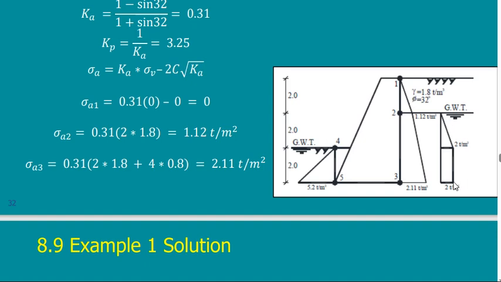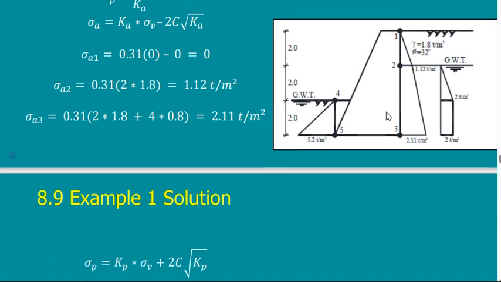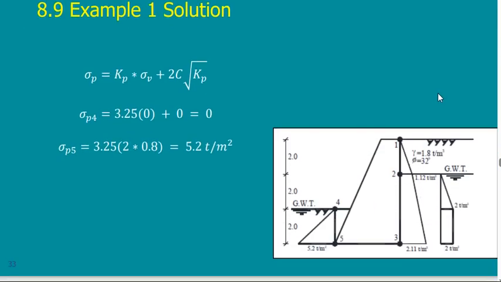But what happened is that I removed a triangle from here because this triangle was cancelled by the other triangle that is in the opposite direction. So this example is just to show the effect of groundwater table.